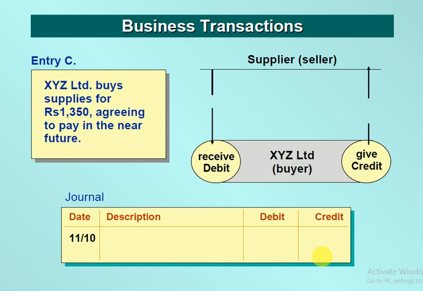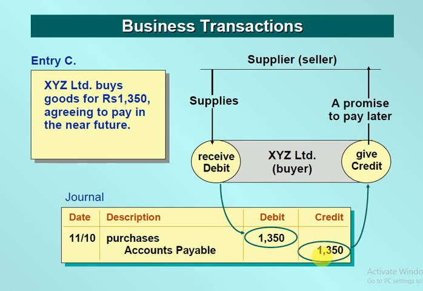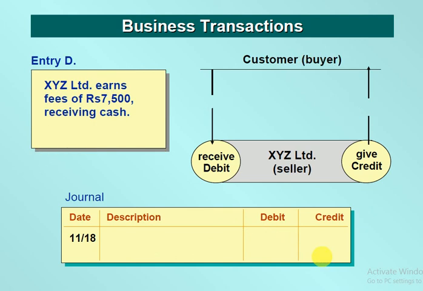XYZ Limited buys supplies for 1350 rupees, agreeing to pay in the near future. This is a credit transaction. How? Purchases are made for 1350, receive the debit and give the credit. Why? Because your liability is created. Accounts payable is the payment of 1350 rupees which will be made at some later future date.